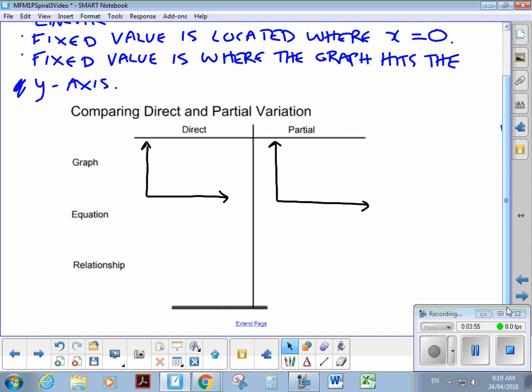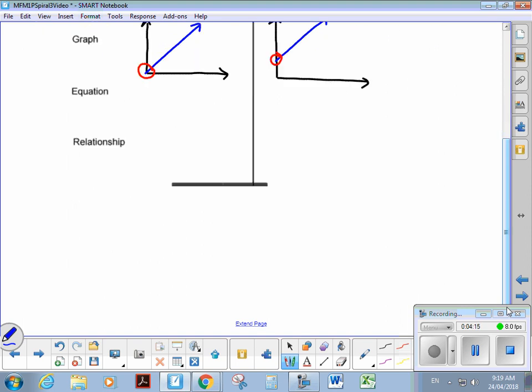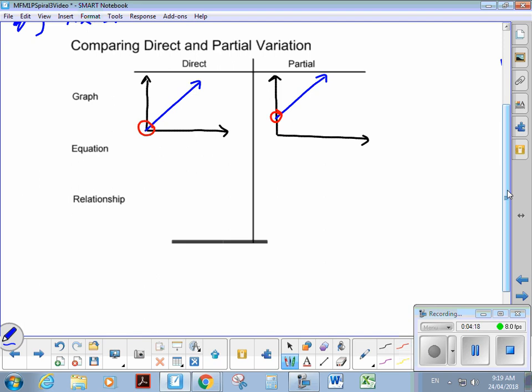So direct variation goes to the origin. So on your picture, put a circle. There's a direct variation, goes through 0, 0. With partial, it does not go through 0, 0. There's your distinct differences. With the equation, we will get y equals x multiplied by first differences.